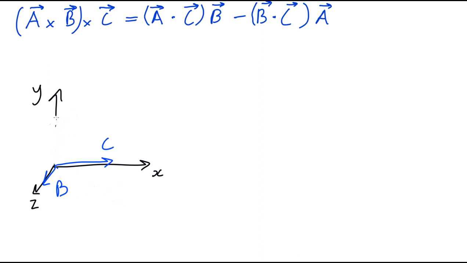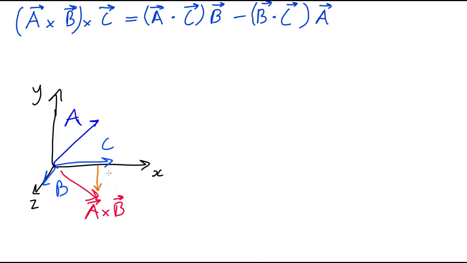Now I'd just like to imagine what will happen if we instead make it so our a, rather than pointing directly in the y direction, actually has some component in the x direction as well. So let's do the left hand side. So a cross b cross c. So we start with a cross b. In this case, if you go and do the right hand rule for this, you're going to see that you end up with some component which kind of looks like this.